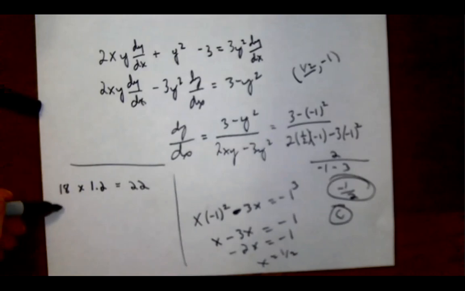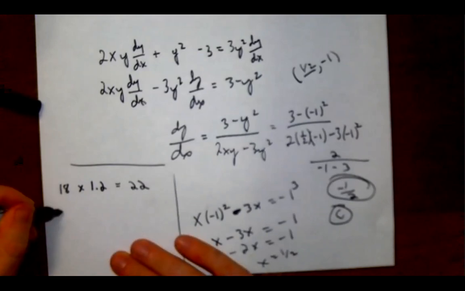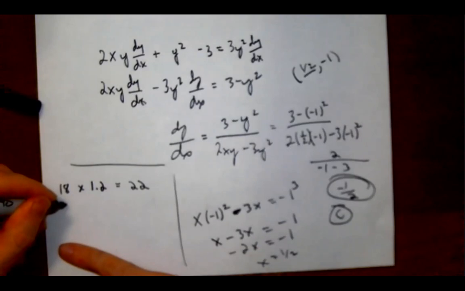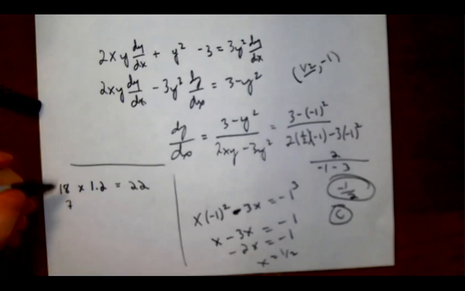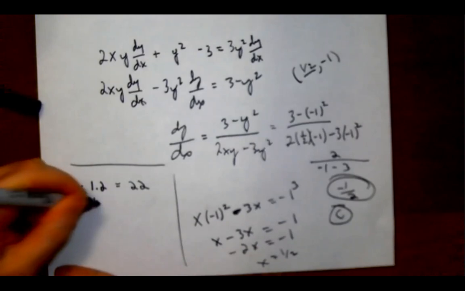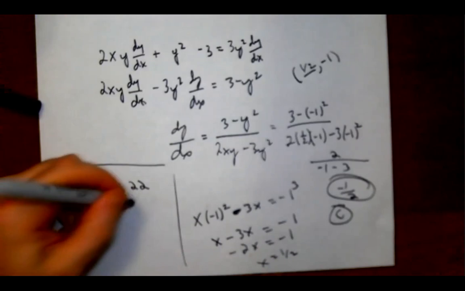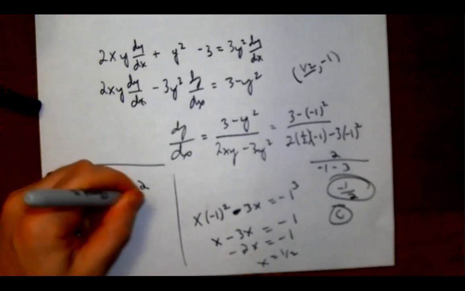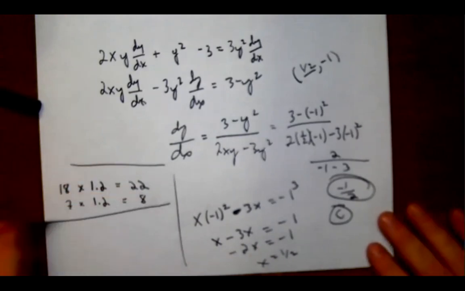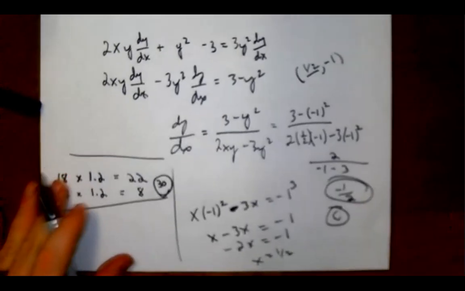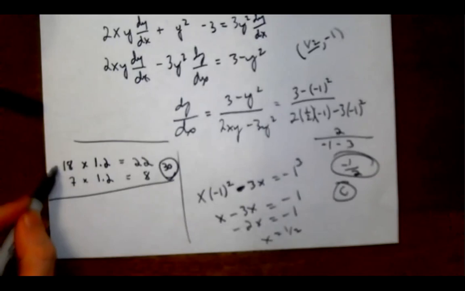The calculator stuff was 15 questions. Again, I'm just making this up right now. Let's say you get 7 of them right, 7 out of 15. 7 times 1.2 is 8.4, which rounds to 8. So you've come up with 30 points on multiple choice.